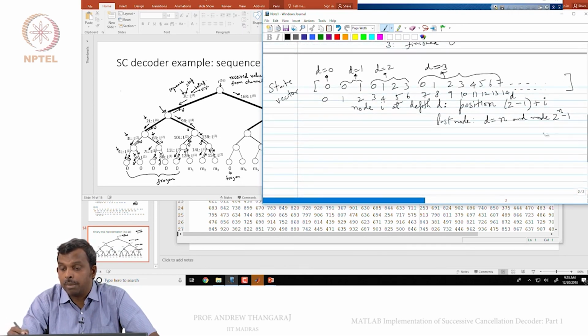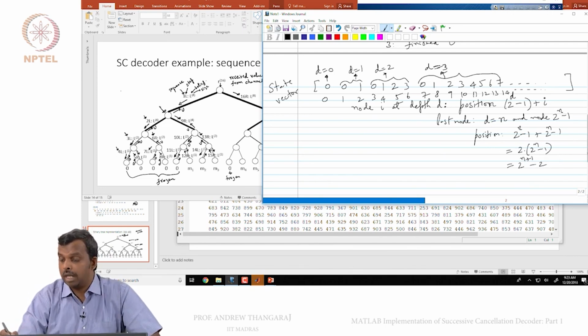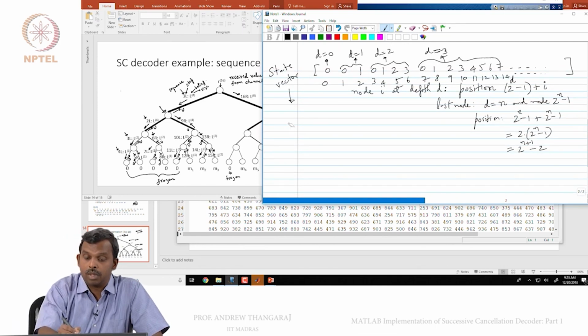So that has position 2 power n minus 1 plus 2 power n minus 1, which is 2 into 2 power n minus 1, which is 2 power n plus 1 minus 2. So the positions go from 0 to 2 power n plus 1 minus 2.